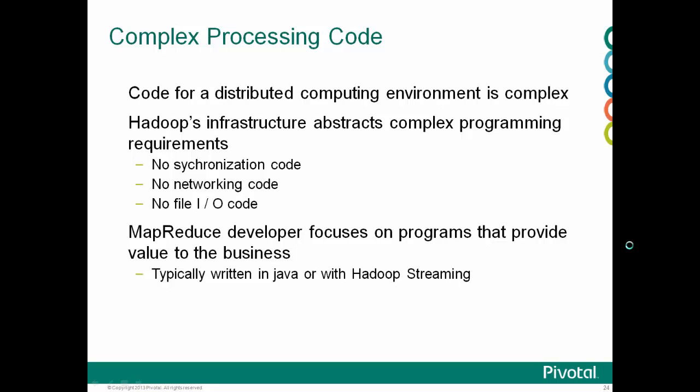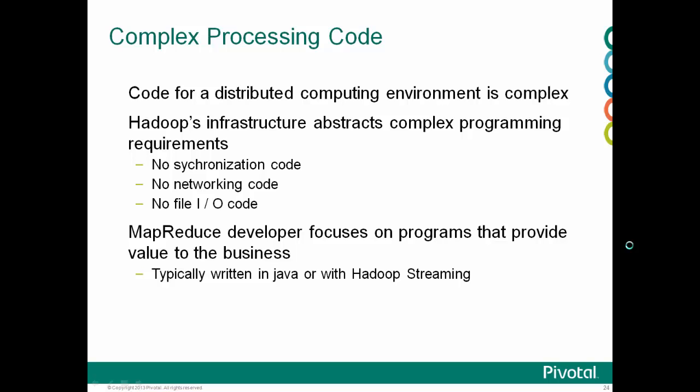Code for distributed computing is complex, requiring a lot of synchronization code, a lot of networking code, a lot of file I/O code. Hadoop's infrastructure will abstract all of the complex coding requirements away from the developers.